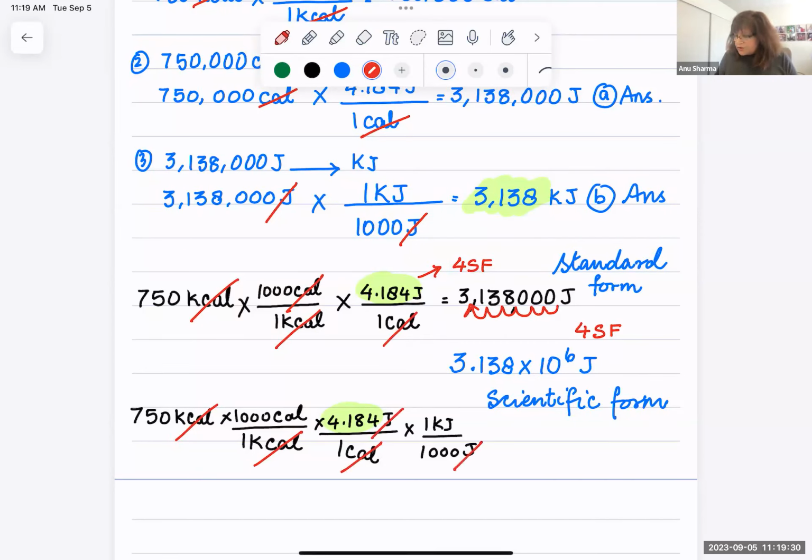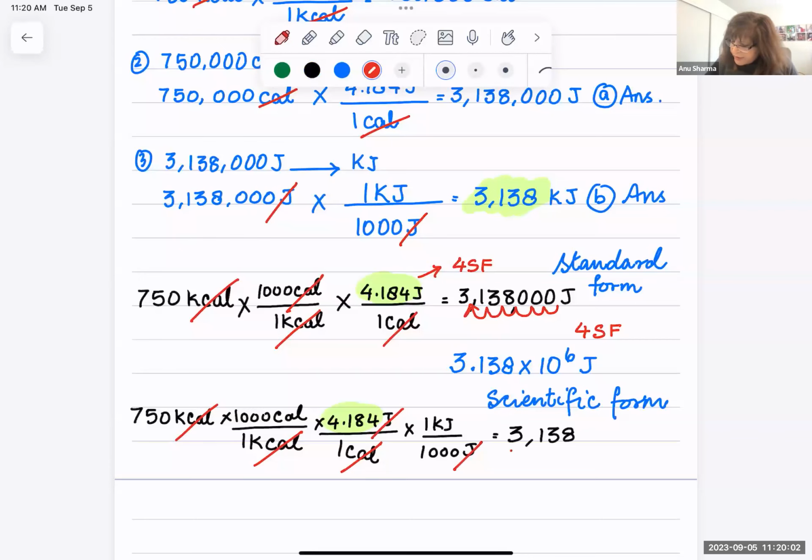What did we get here? We got 3.138, which is already 4 significant figures. You don't need to convert this into scientific notation. And this is in kilojoules, sorry. Always write the units. You get that?